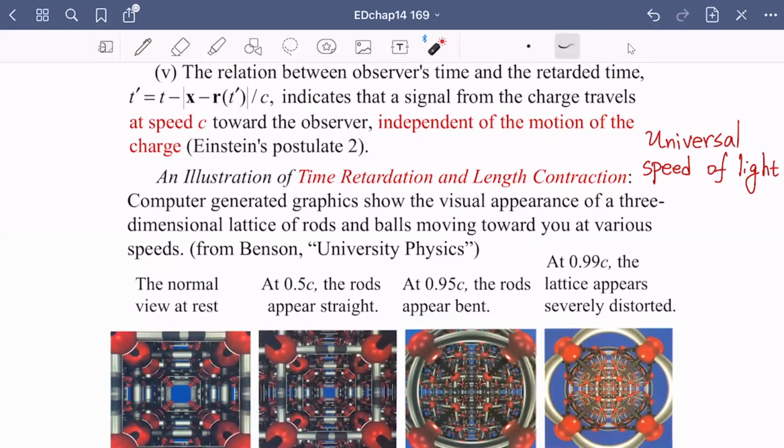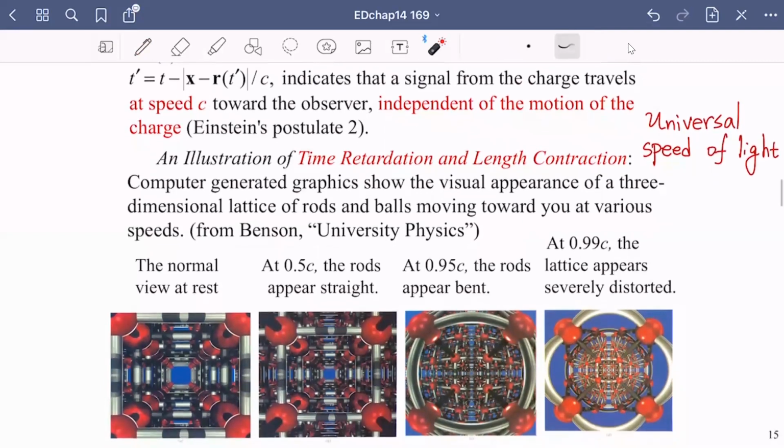Now let me show you an illustration, 一个图示 of the time retardation and length contraction.